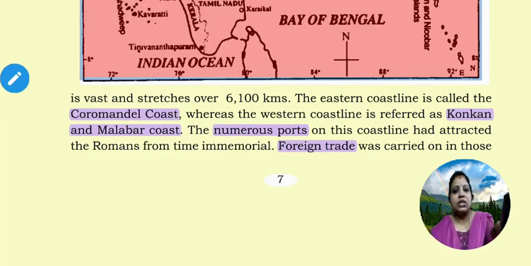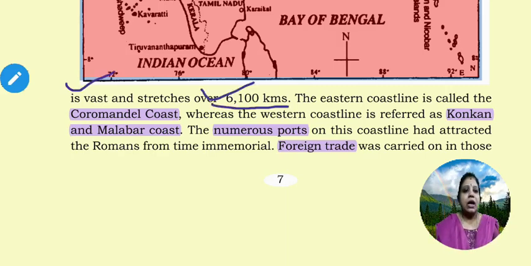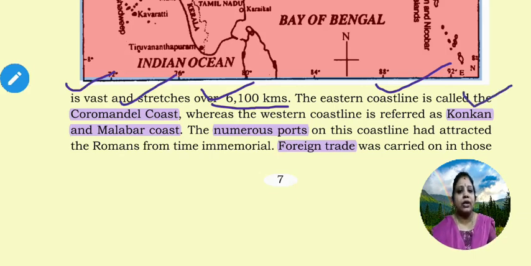India's coastline is vast and stretches over 6,100 kilometers. The eastern coastline is also called the Coromandel coast, whereas the western side is called the Konkan coast and Malabar coast. There are numerous important ports on the coastline that attracted the Romans from time immemorial.